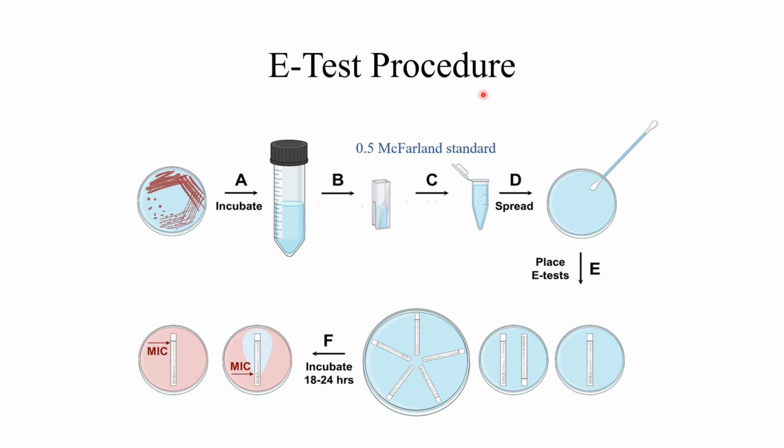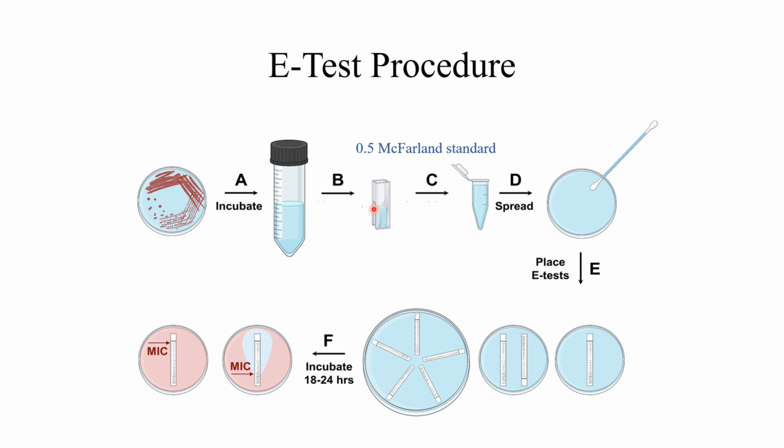The E-test procedure. This is the culture medium containing the organism. From here, we will collect a single colony with the help of an inoculating loop and inoculate it into this broth culture or liquid media, and after that we will incubate. After incubation, we will compare this broth with the 0.5 McFarland standard.